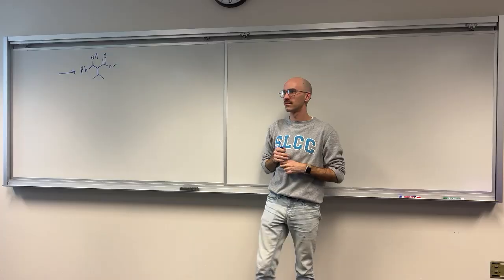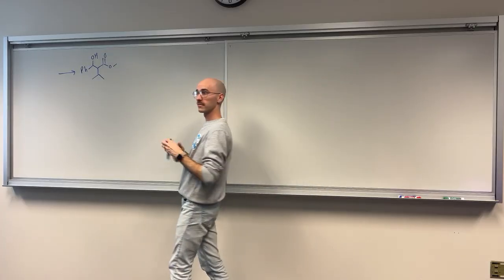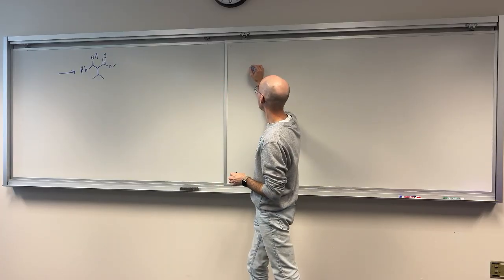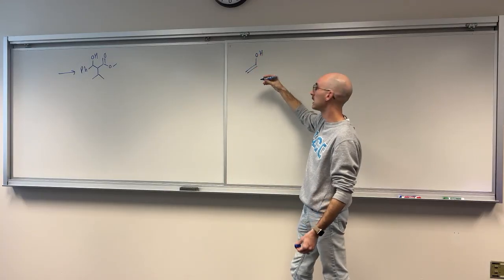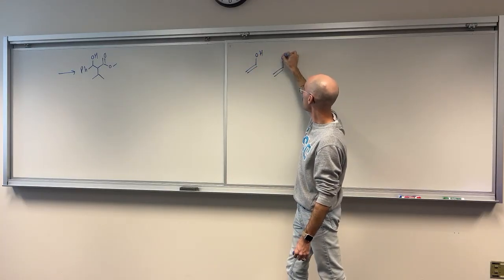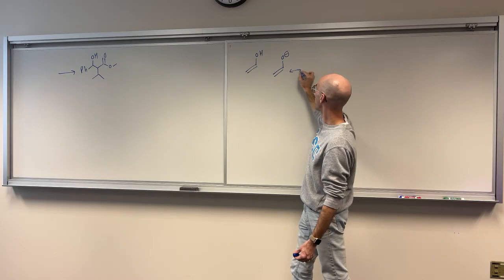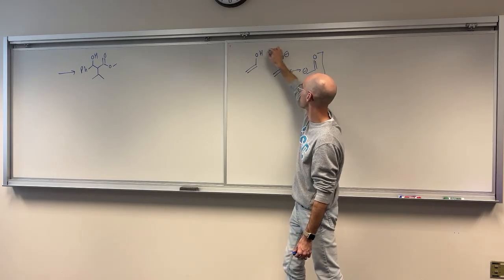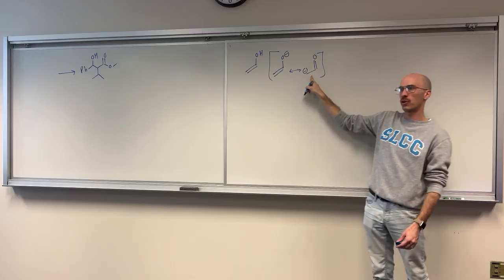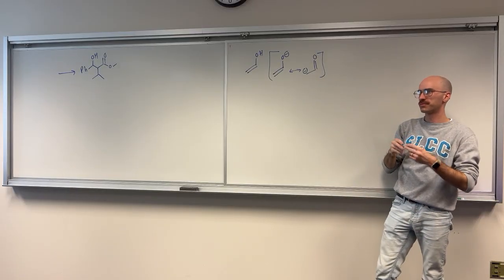Okay. This is not an enolate. For context, an enol is when you have an alcohol to an alkene. An enolate is the conjugate base of that, which actually has two resonance forms, a more stable and a more reactive resonance form.